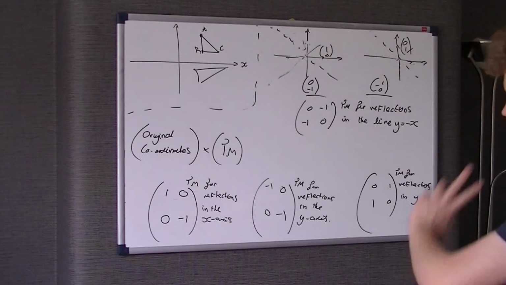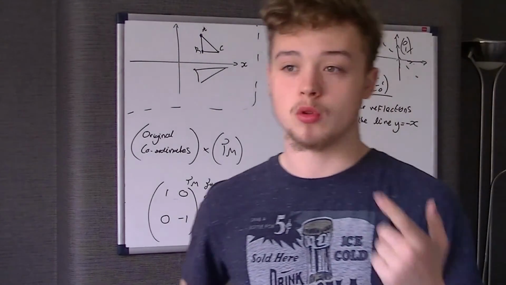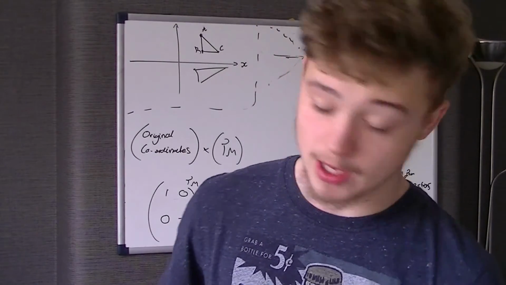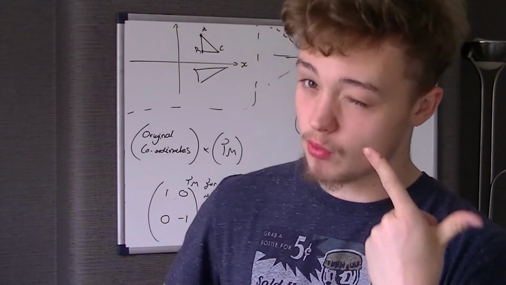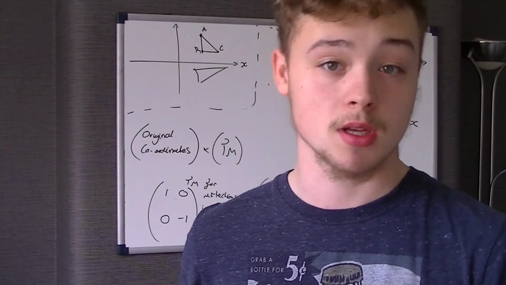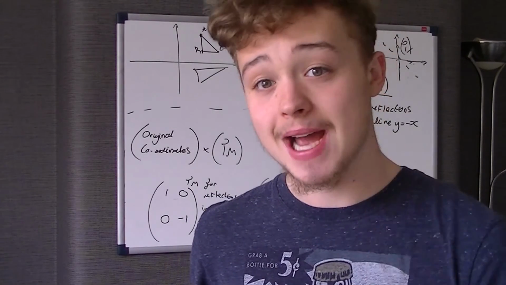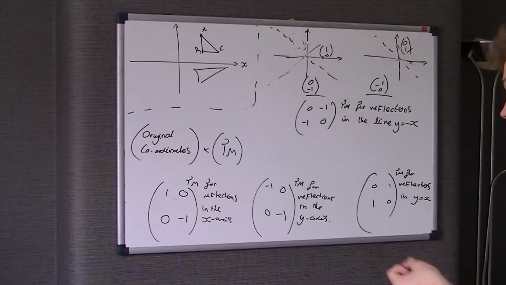Anyway, the principle of what we've done so far, looking at rotations and reflections, is always the original coordinates times the transformation matrix. In this transformation matrix, the first column is made up of the end result of the i unit base vector, and the second column is made up by the end result of the j unit base vector.